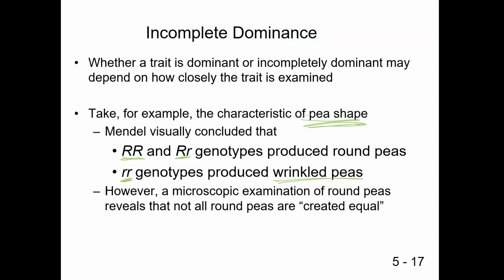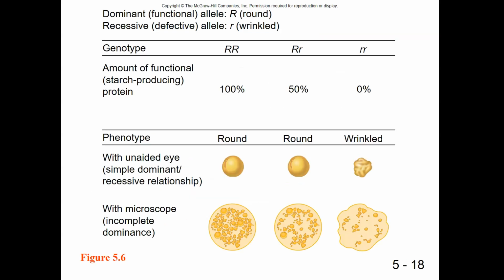But let's look at the microscopic level. This is something that Mendel was unable to do at the time. If you look microscopically at a round pea, you're going to see that all peas are not necessarily created equal. What we're looking at here is the genotype: big R, little r, round versus wrinkled, right?